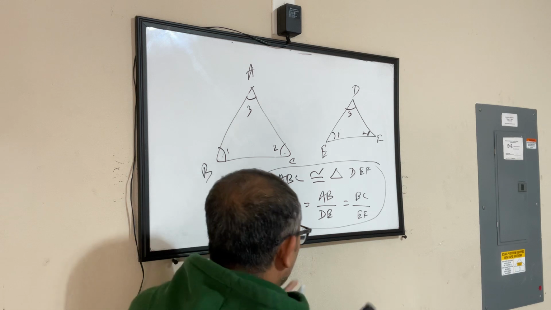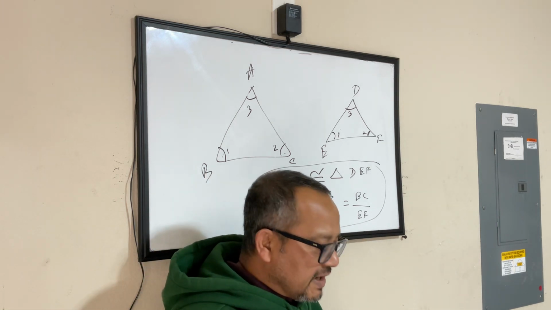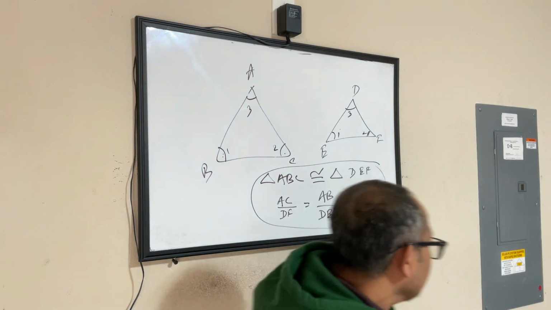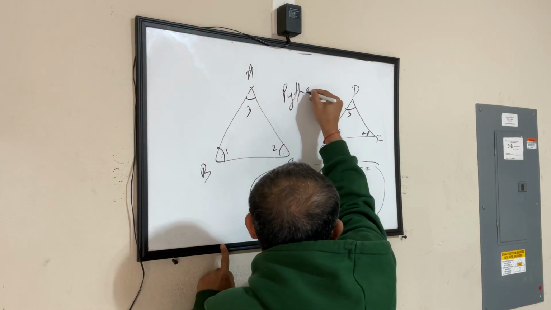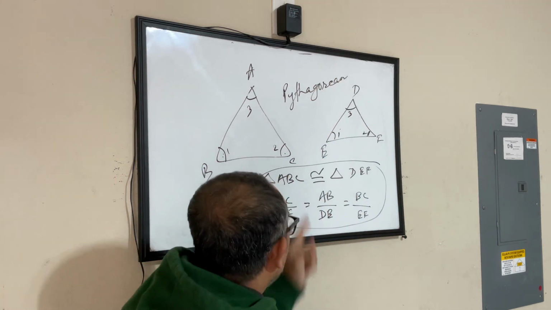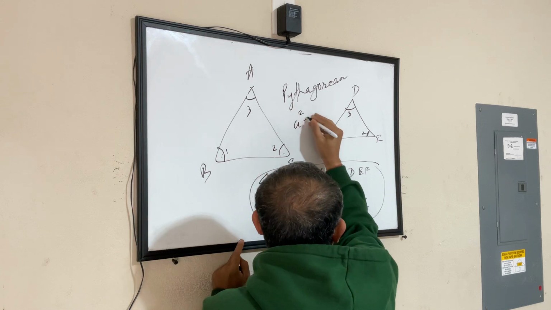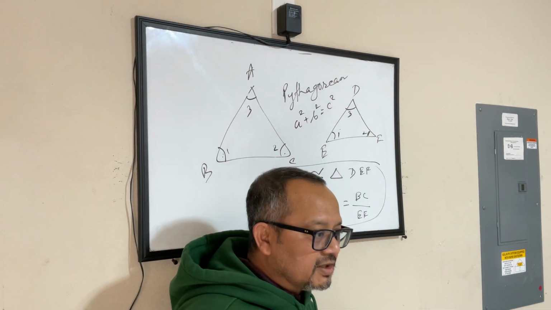So, now, this concept is very important. If any of you get excited to relate to the Pythagorean theorem, I talked about that. Everybody in the world says, okay, Pythagorean theorem, a square plus b square equal to c square. Why?